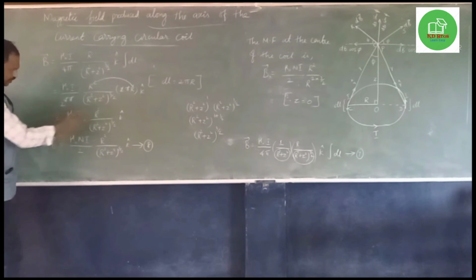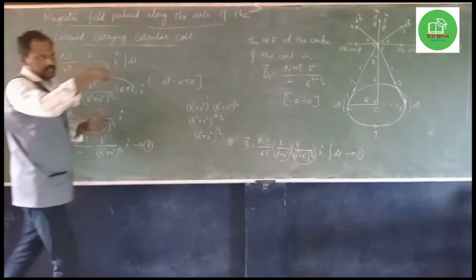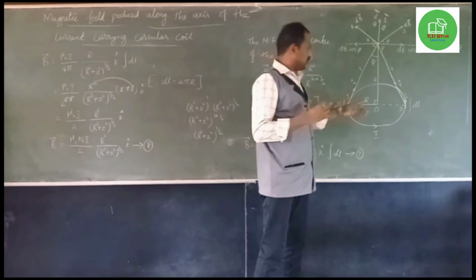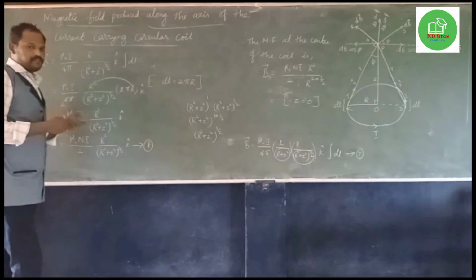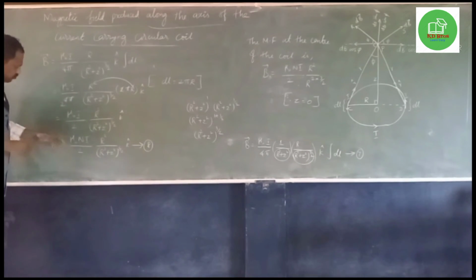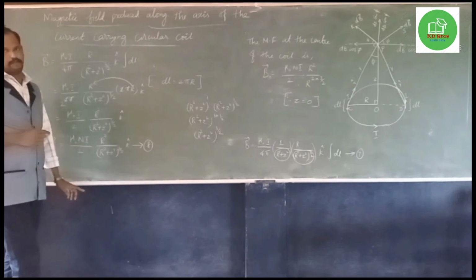Right. Next we have to replace. How can we replace this? Very simple. If the circular coil has n number of turns, if it is a single turn, no problem. If it has n number of turns, the same formula will be modified like this: B vector is equal to mu naught N I divided by 2, r square divided by r square plus z square power 3 by 2, into k cap.